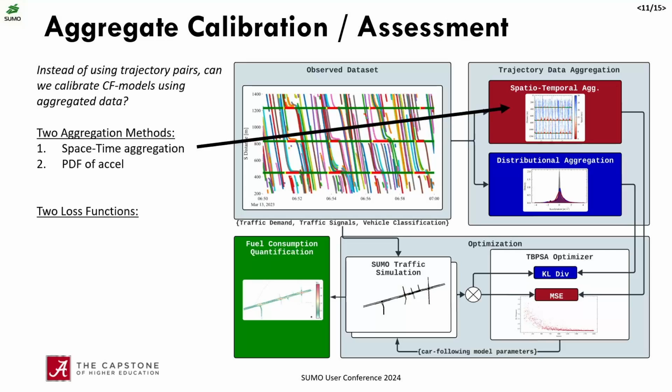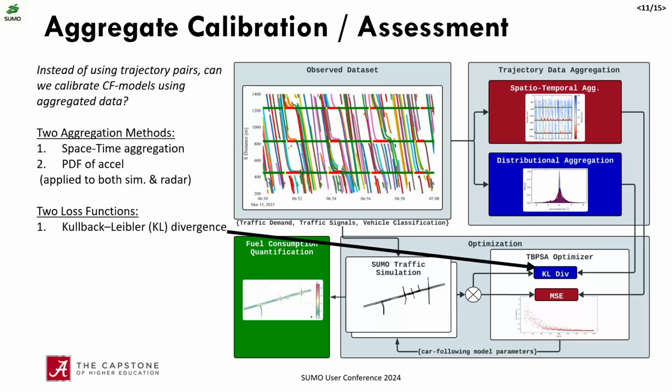And then the other way is we create a distribution of the instantaneous accelerations, analyze what the distribution of instantaneous accelerations were in the traffic simulation, and then we use the KL divergence to analyze how well the distributions fit one another.